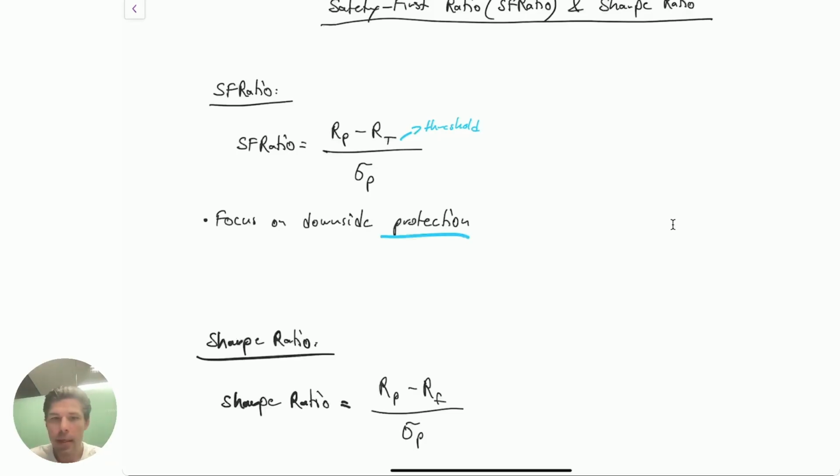It measures how well an investment's expected return exceeds the required return relative to its risk, volatility. The lower the SF ratio, the higher the probability of not meeting the threshold return. It's particularly useful for retirement funds, endowments, pension funds, or risk-averse investors.